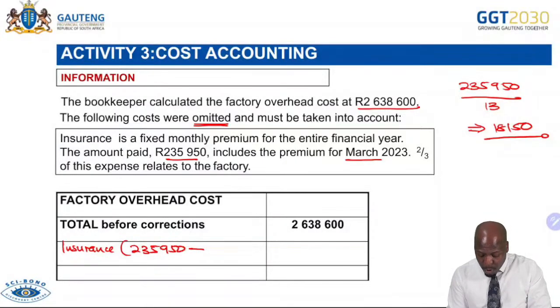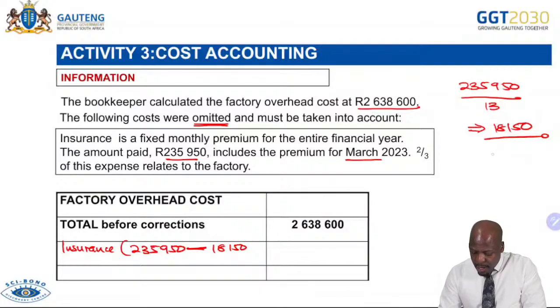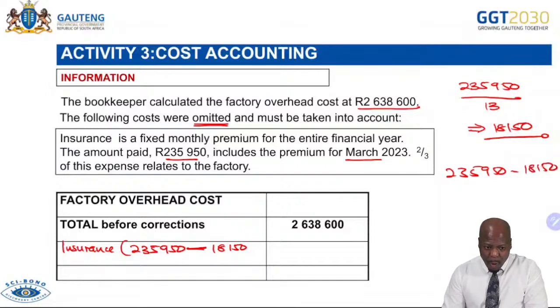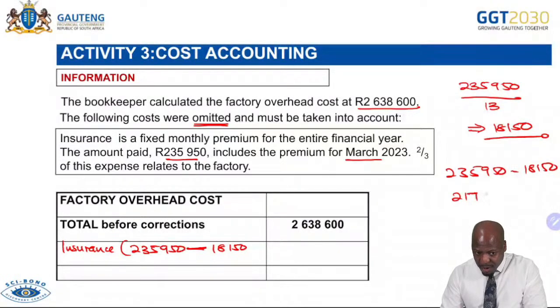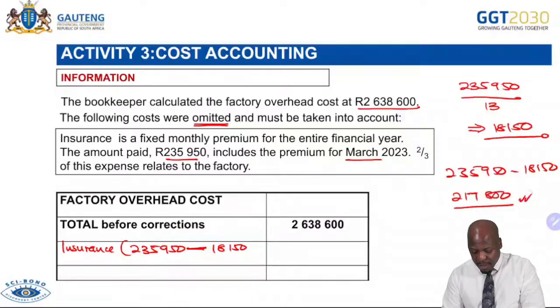I need to remain with only 12 months. So I subtract 18,150. If I say 235,950 minus 18,150, how much do I remain with? I remain with 217,800.